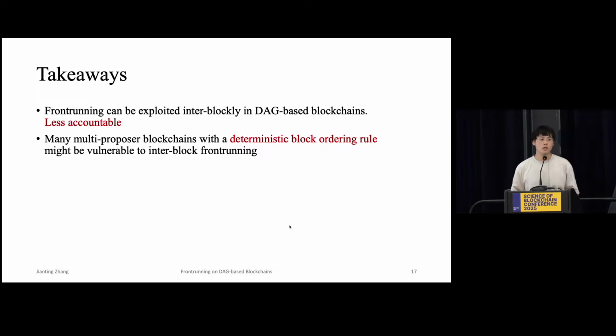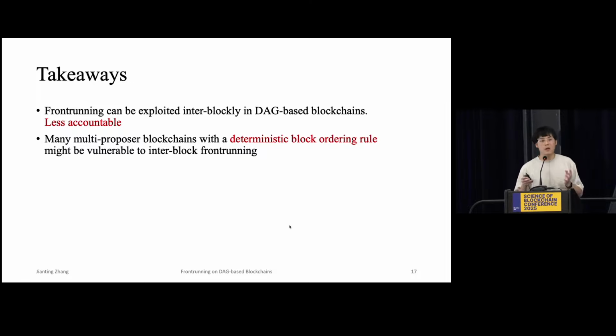Basically, in those blockchains, the replicas can propose blocks in parallel, and, as far as I know, they use a deterministic block ordering rule to organize and order the blocks proposed by multiple proposers. So a very interesting future research direction is to see whether those multi-proposal blockchains are vulnerable to inter-block front-running.